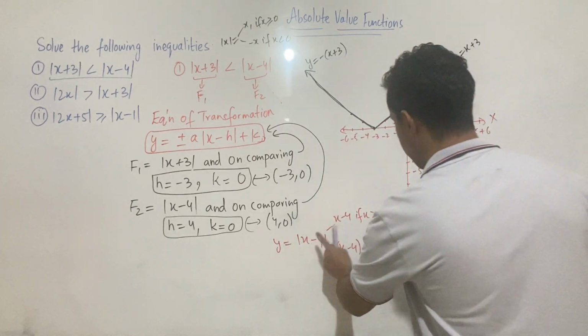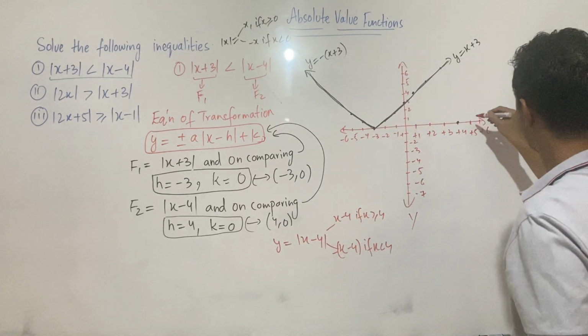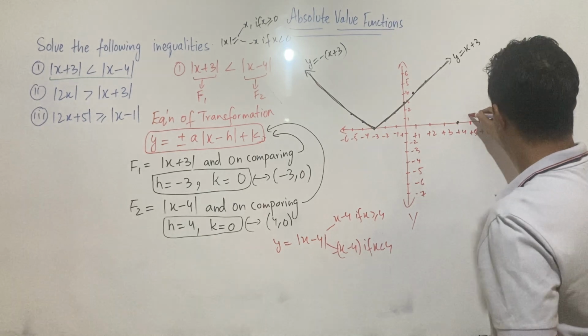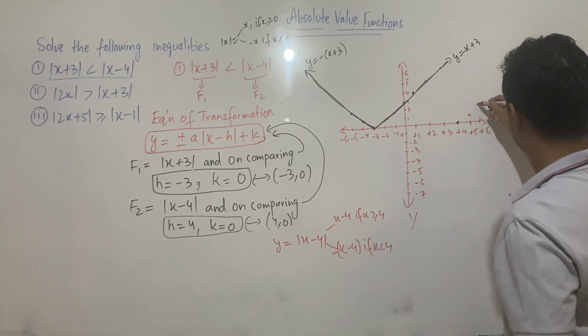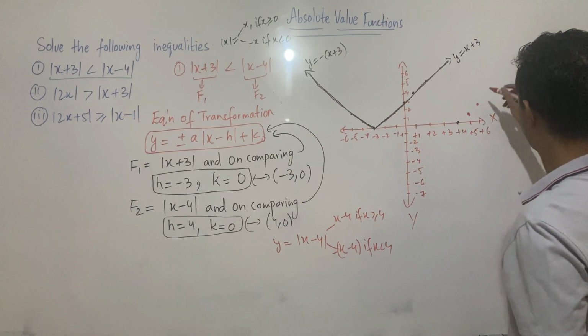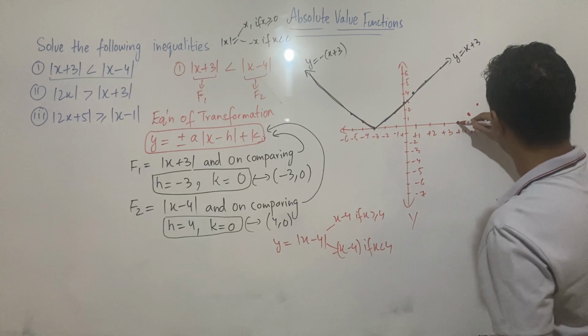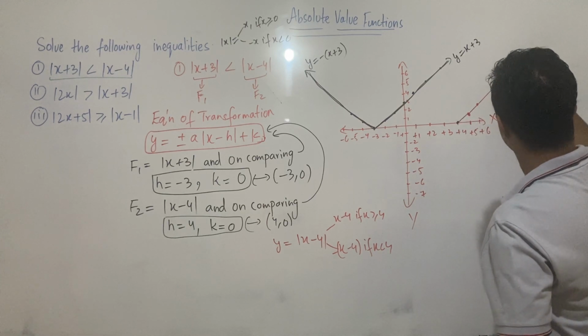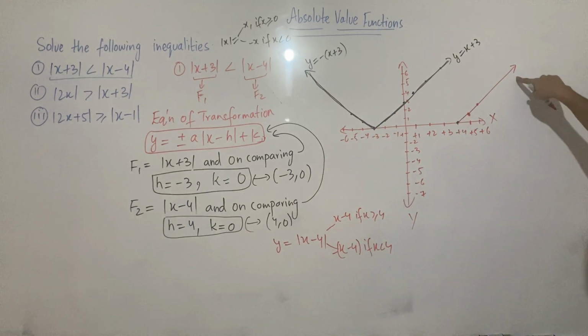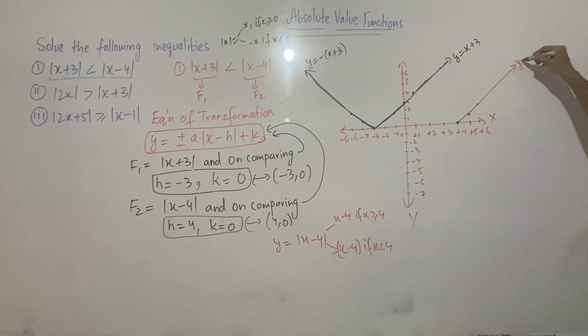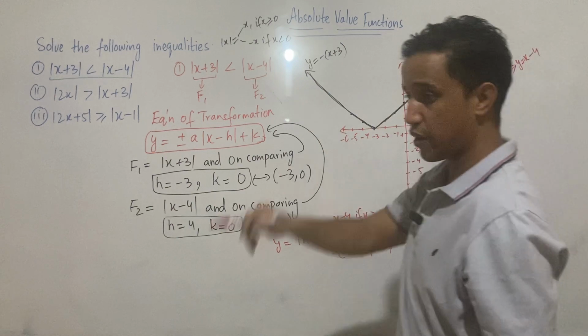For values greater than 4: 5 gives 1, 6 gives 2, 7 gives 3. So it's going to be like this, and it represents y equals x minus 4, right?